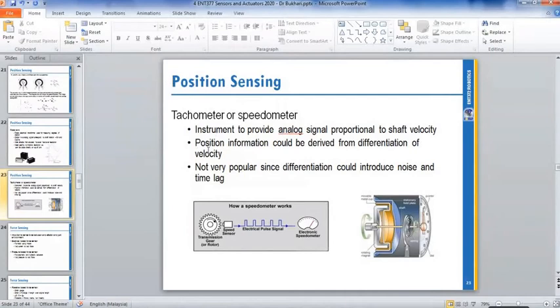So it's not suitable for a robotic arm, but this is one that provides an analog signal proportional to shaft velocity, so you can measure shaft velocity. Position information could be derived from differentiation of velocity, but this is not very popular since differentiation could introduce noise and time lag.